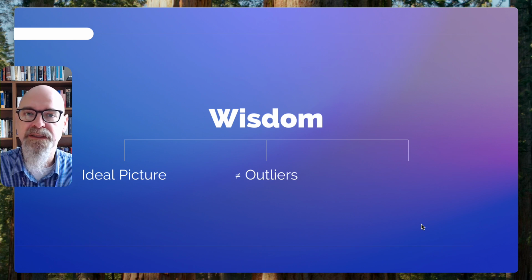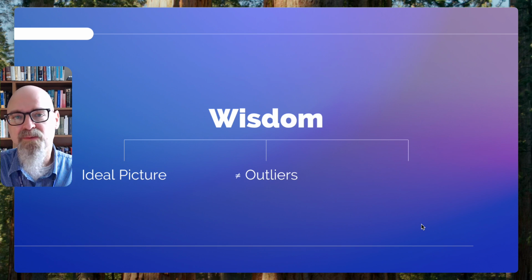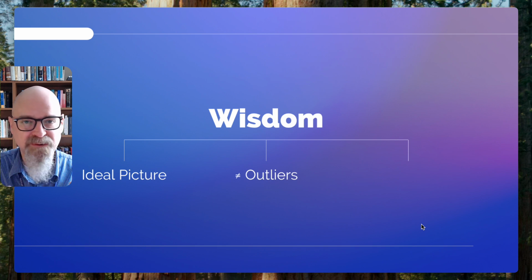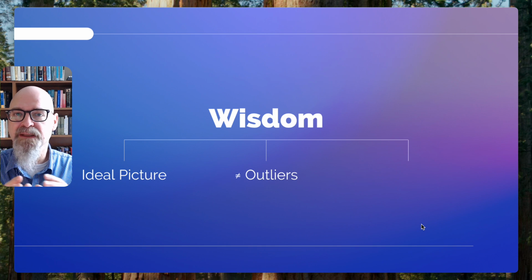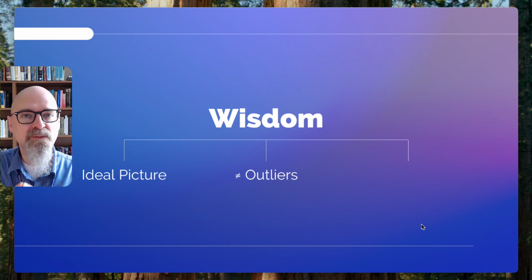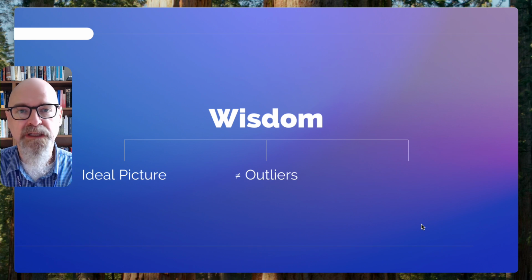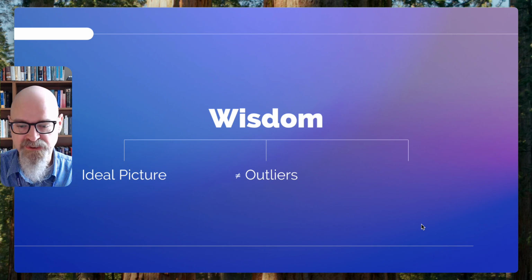Our responsibility is to take the ideal picture and then to put it into practice in our particular situation. So wisdom does not cover exceptional situations or exceptional circumstances. It looks at the ideal picture, and then our responsibility is to say, how should we act in our particular situation in light of that ideal picture?